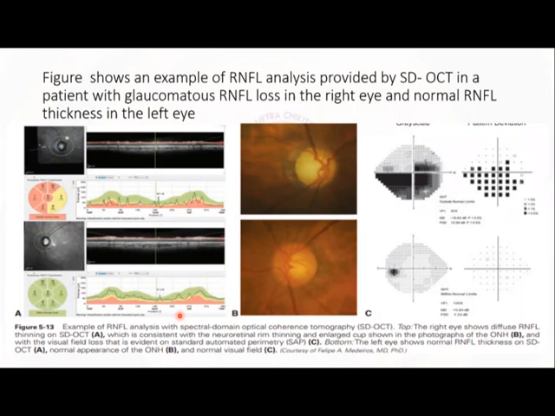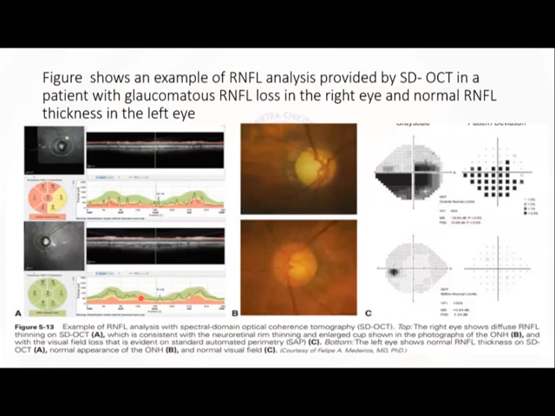In a patient with a glaucomatous retinal nerve fiber loss in the right eye and normal RNFL in the left eye, the topmost portion shows the right eye with diffuse RNFL thinning on SD-OCT.